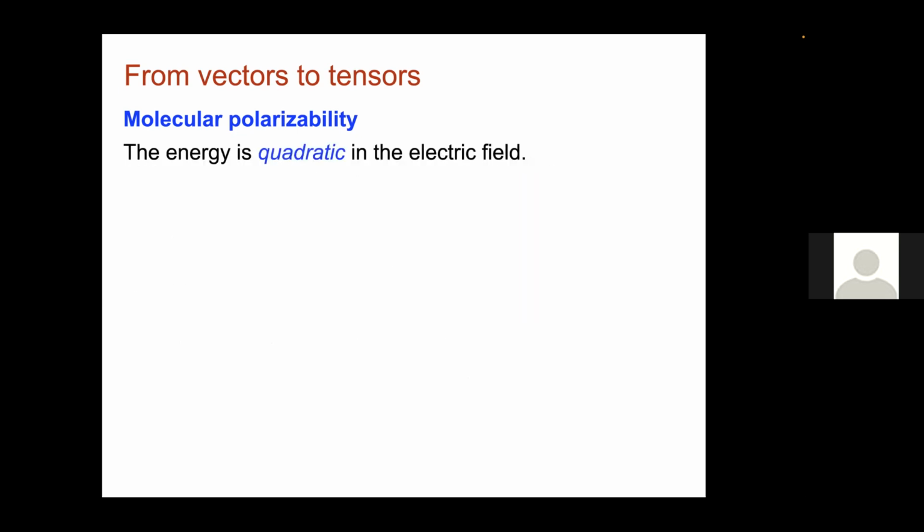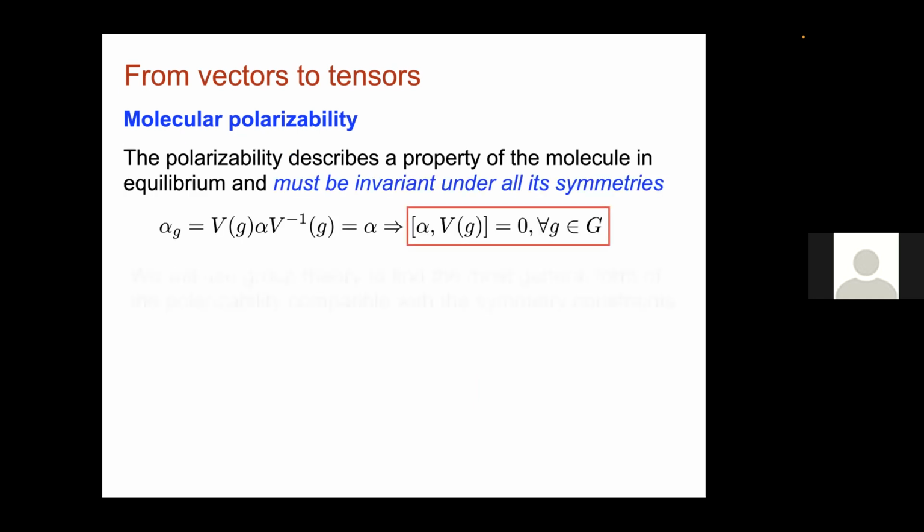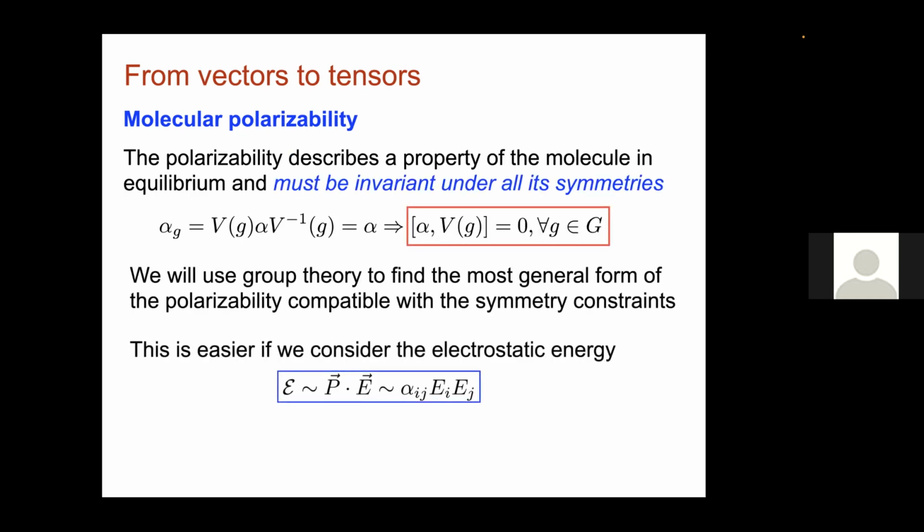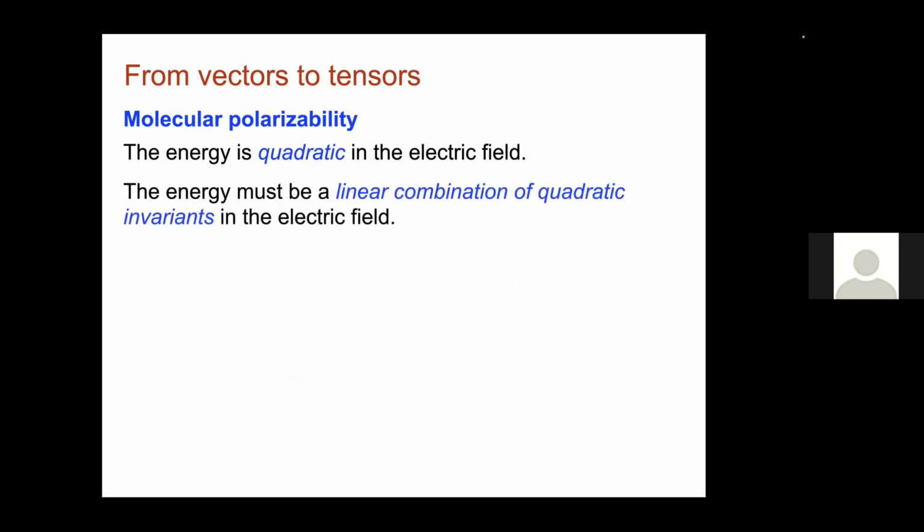So from this, we have two facts. First, the energy of a molecule subject to an electrostatic field is quadratic in the electric field, okay? So it is given by a quadratic form, or in other words, a symmetric second rank tensor. On the other hand, the energy must be a linear combination of quadratic invariants in the electric field.